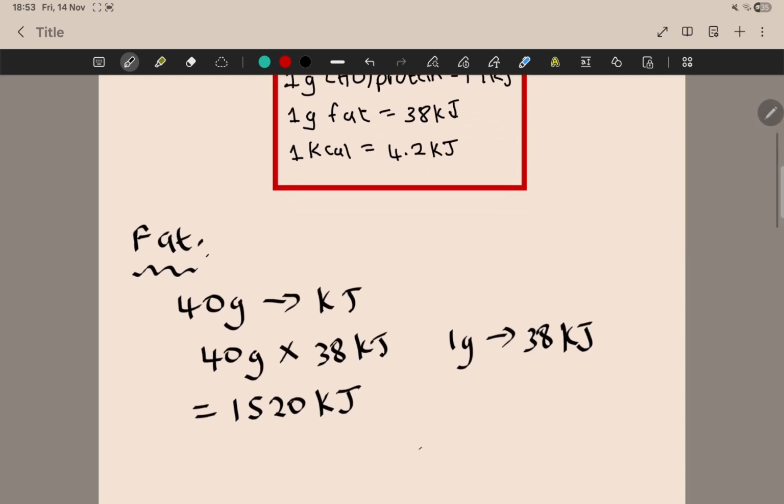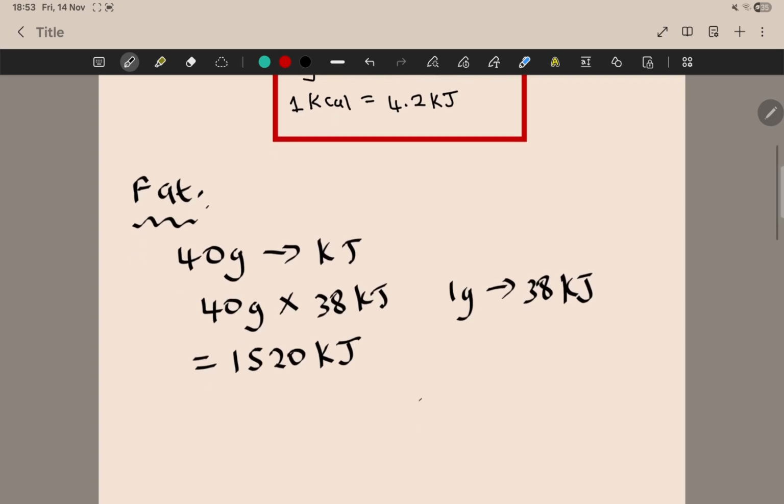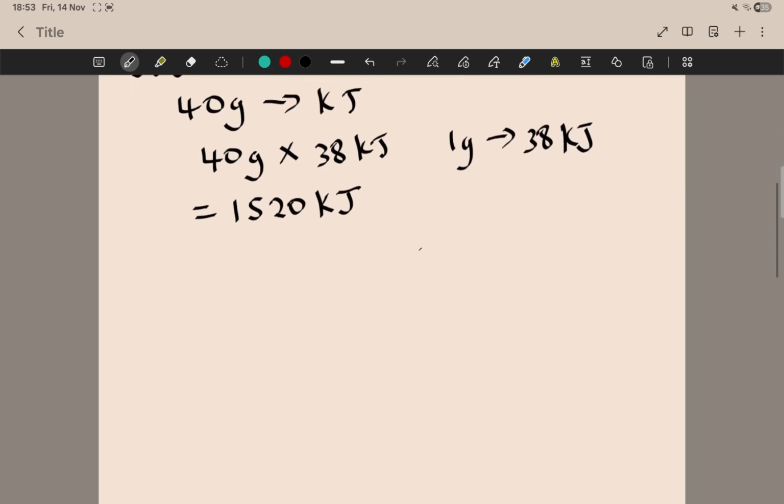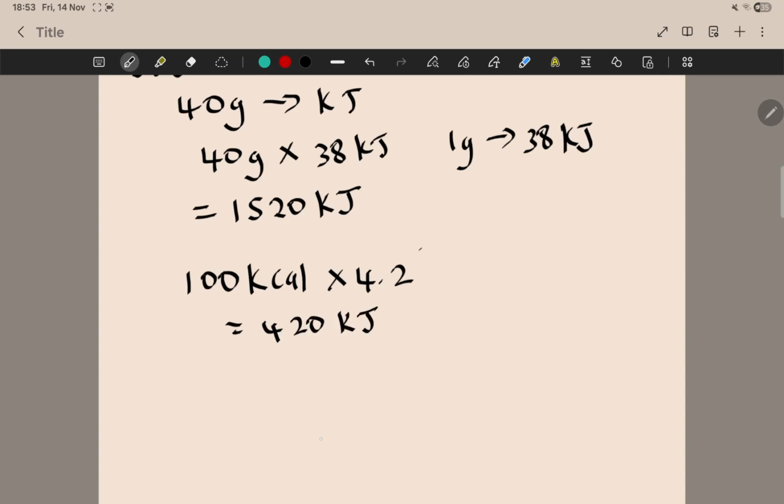So it's the same thing with kilocalories to kilojoules. Okay, 1 kilocalorie is equal to 4.2 kilojoules. So for example, say you have 100 kilocalories, you simply then multiply it by 4.2 to get to 420 kilojoules.